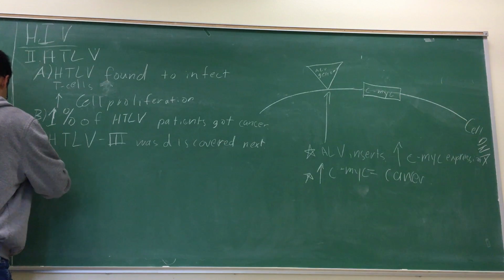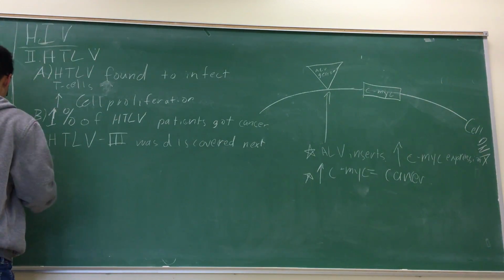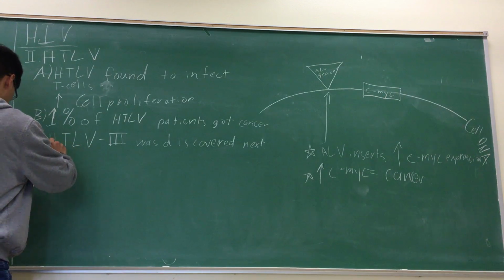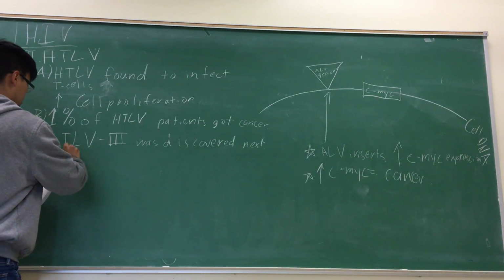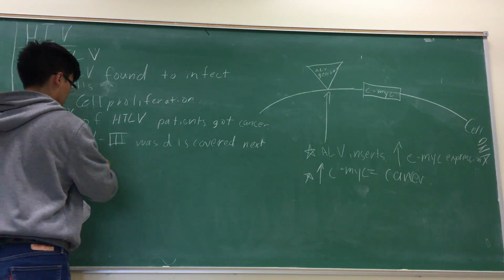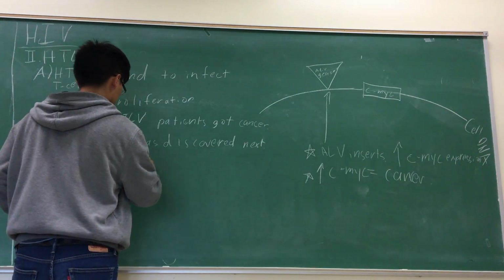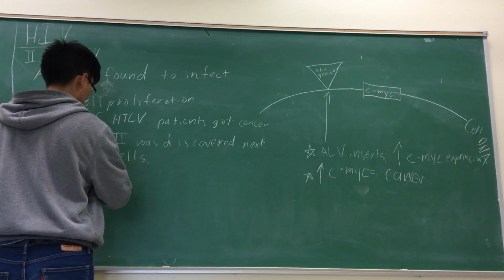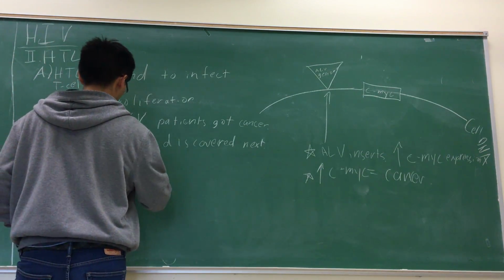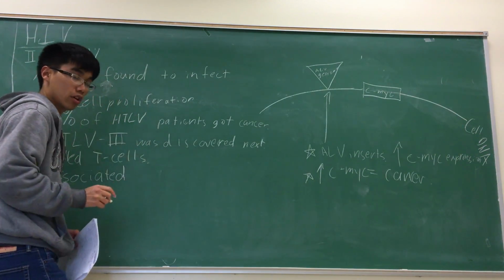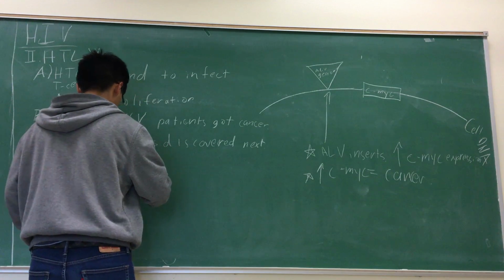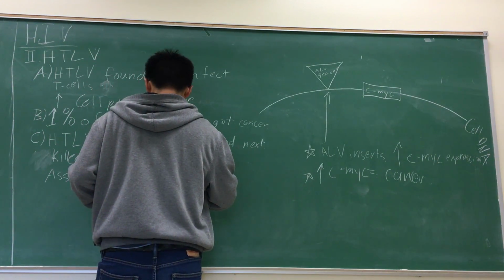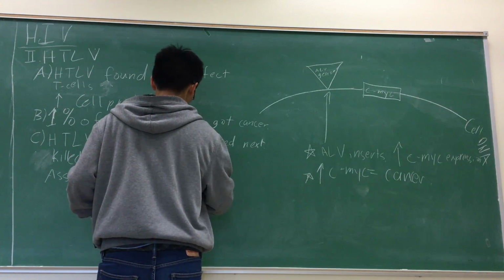Anyways, continuing on, they found that HTLV3 killed T cells. The HTLV infection was associated with AIDS patients.